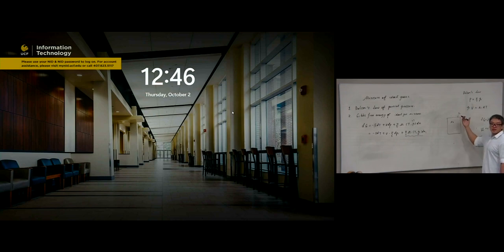Of course, the pressure goes up, but the chemical potential of nitrogen doesn't change, because it's defined by the partial pressure of the nitrogen. Got the point? What's the reason for that? Because there's no interaction.